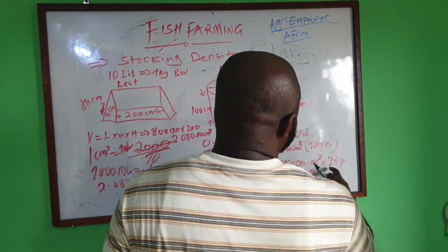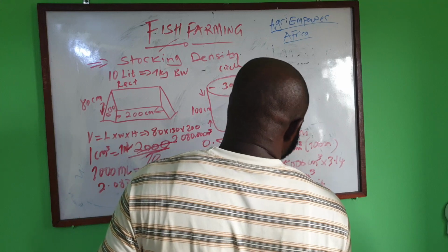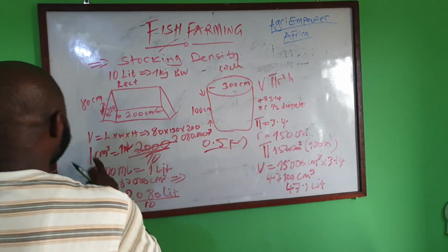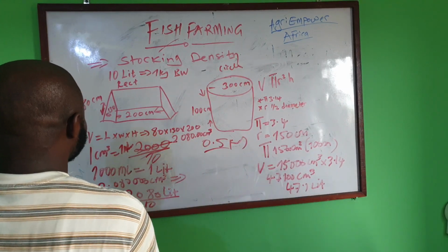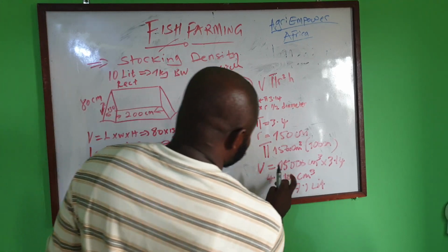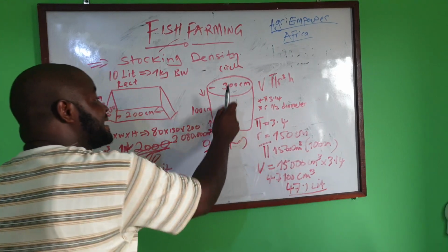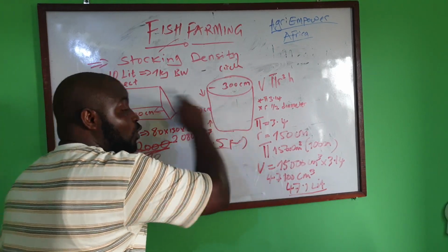Then times 3.14, which is the pi, it will give you 47,100 centimeters cube. If 1 centimeter cube gives you 1 milliliter, and 1,000 milliliters gives you 1 liter, you divide this, it will give you 47.1 liters of water in this circular batch.